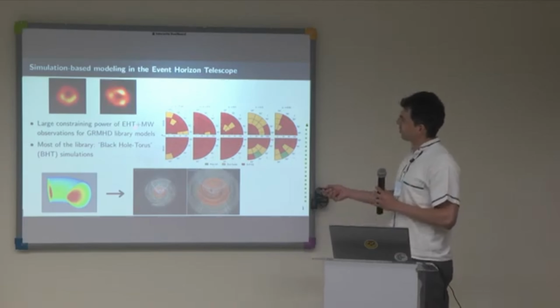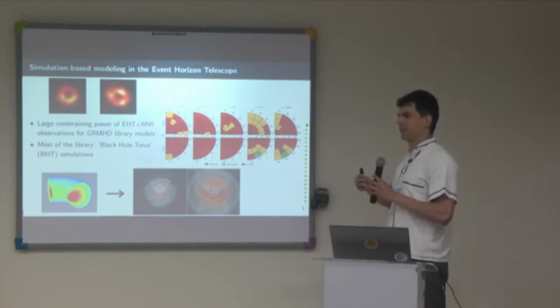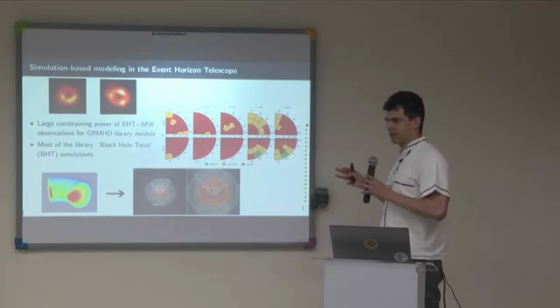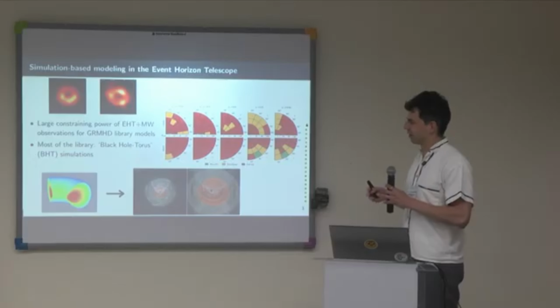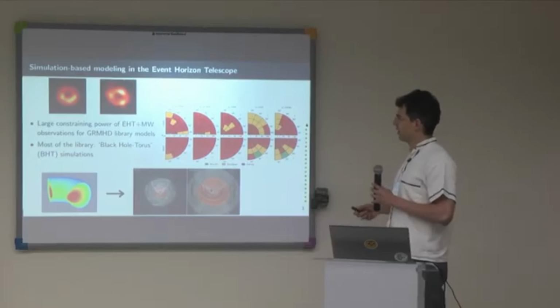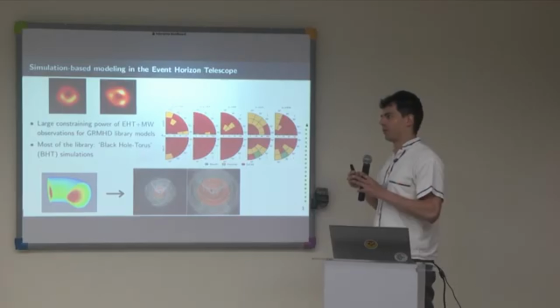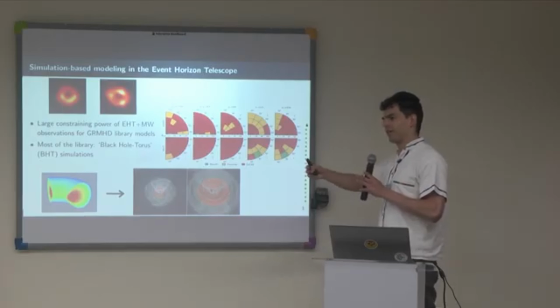But there are also multi-wavelength constraints. For example, for the case of M87, we require that simulations are able to produce a luminous enough jet. For Sagittarius A star, we don't have that constraint, but that is there for M87. Or there are also constraints on the total flux of radiation at different wavelengths.